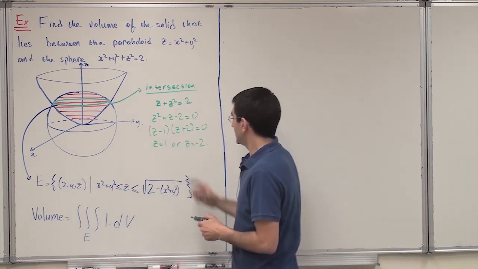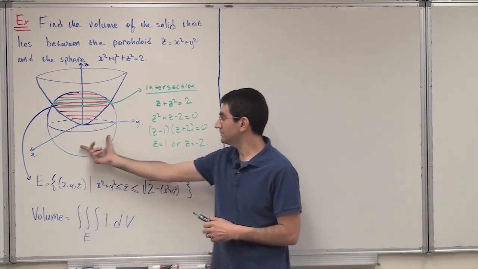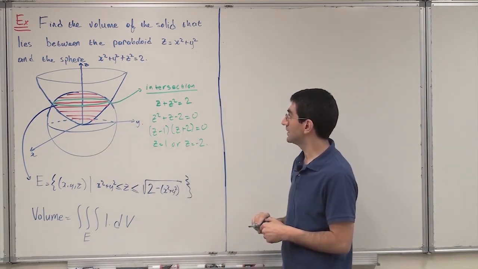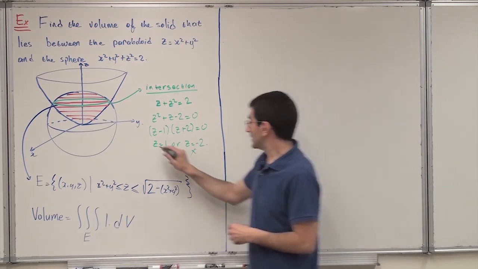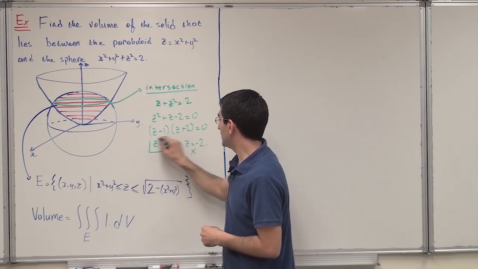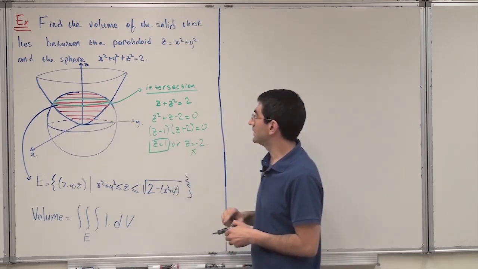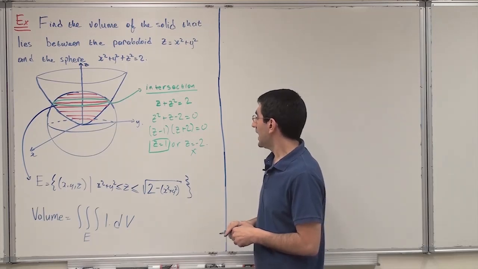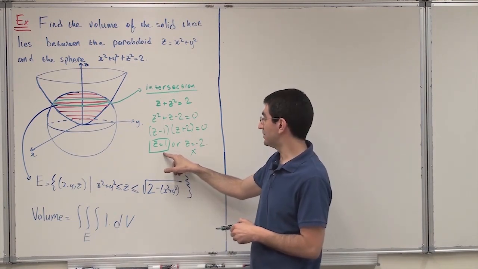Now, as you see, z equals 2 cannot be an intersection, as you can see from the picture. So, the intersection is z equals 1, the one that I have marked in green in this picture, and this is the plane on which the intersection is happening.